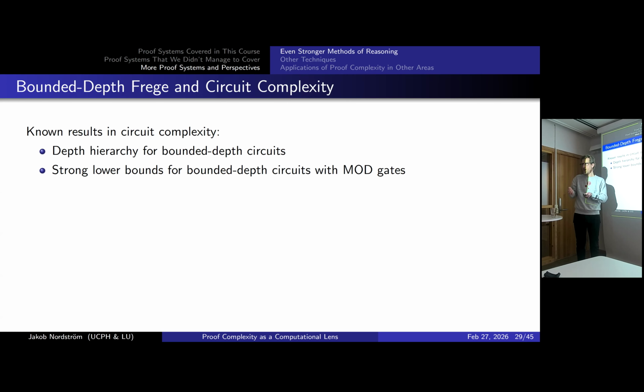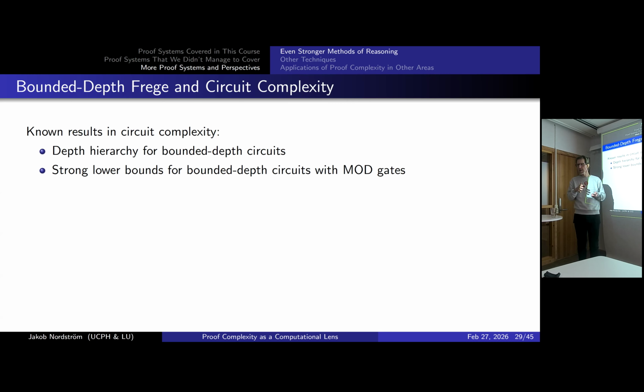And then Razborov-Smolensky extended these strong lower bounds also to ACC0 circuits, so bounded depth with mod gates. Proof complexity never managed to take the step from bounded depth to bounded depth with mod gates. And it's not clear why. I don't think we're able to articulate a clear reason why we're not able to follow circuit complexity.